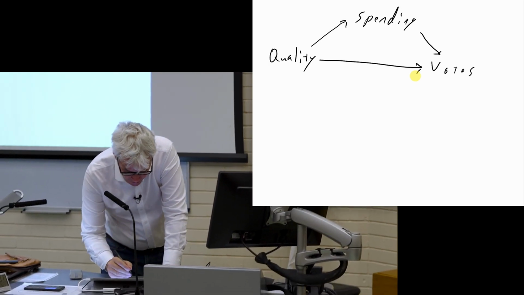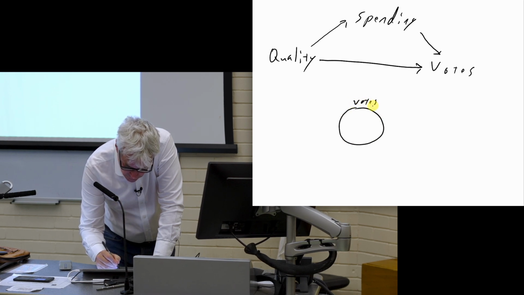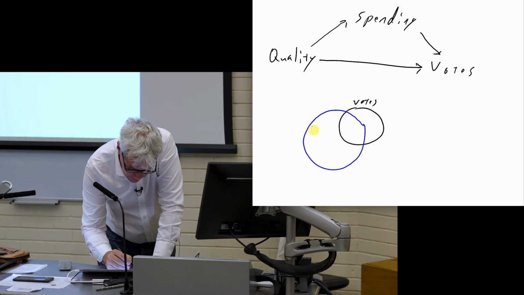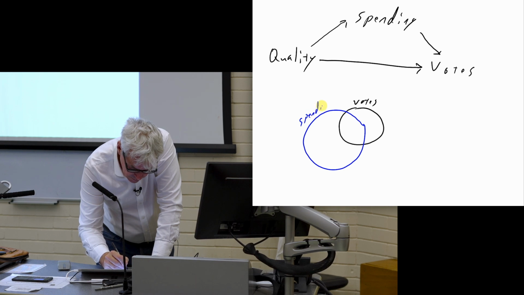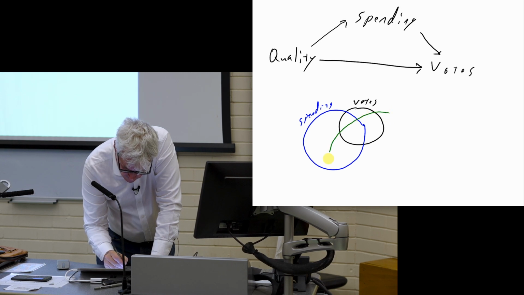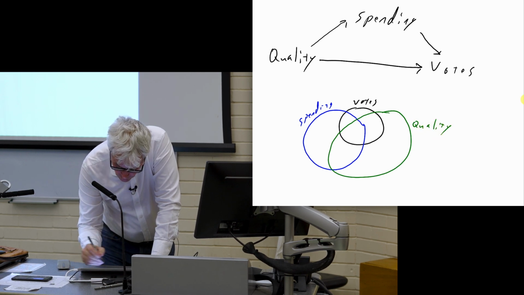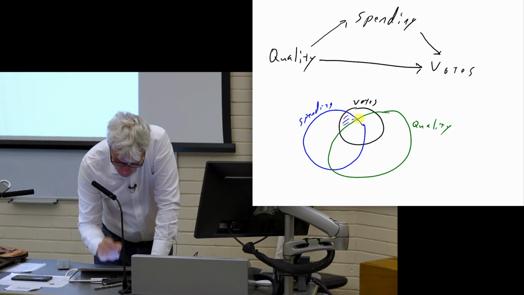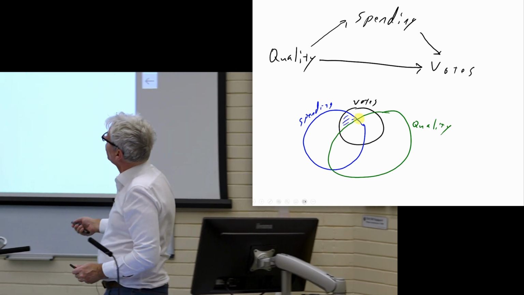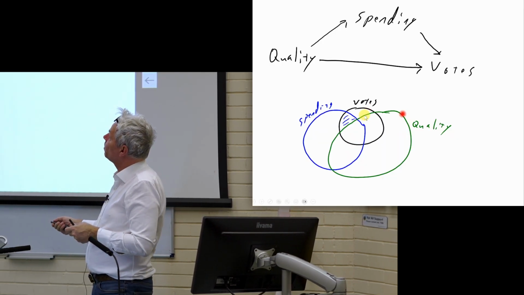Right? We have our Venn diagram. If we've got votes here, we've got spending here, and we've got quality here. Ideally, we would only want to use this blue area, right? Because that's the area where spending is moving with votes, but quality isn't.